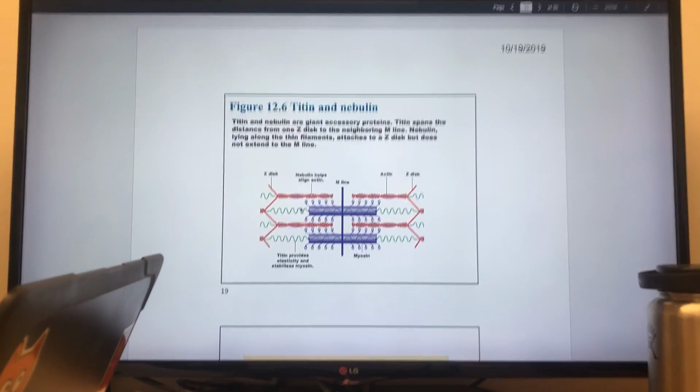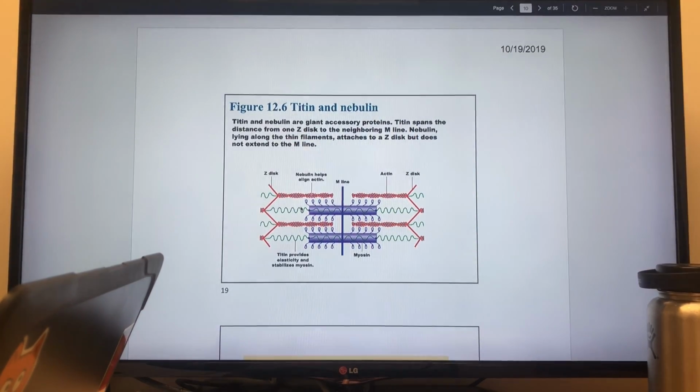You could think of it as flexing, like curling its own arm, and it's pulling it towards the M line. Got it. Look at the shape of it. It kind of looks like a spring, so it's gonna pull the arms in. May had said to think of these as the heads, so they literally just pull. They just go like that. Got it. But they pull towards the M line.